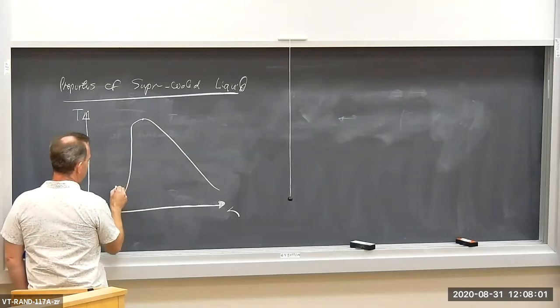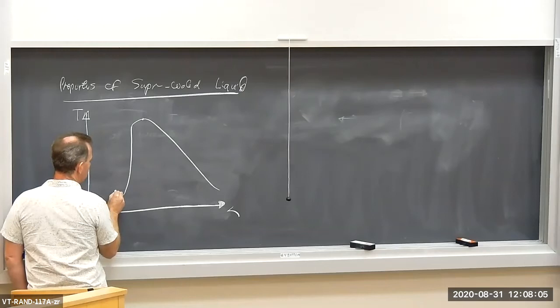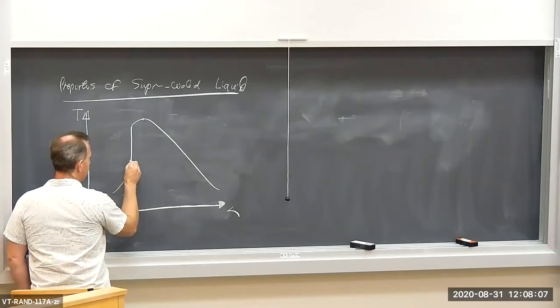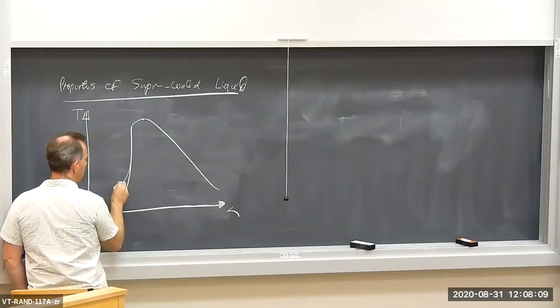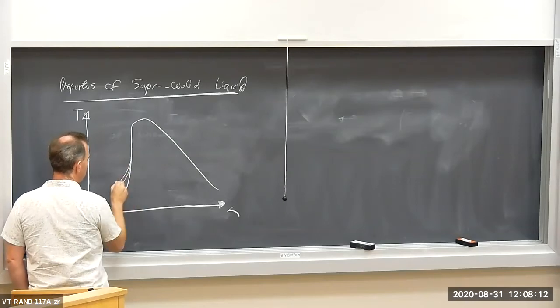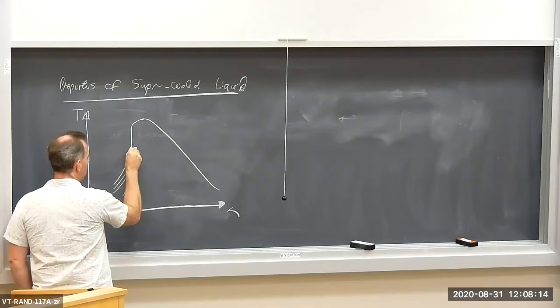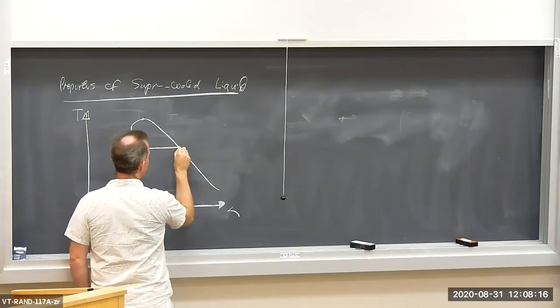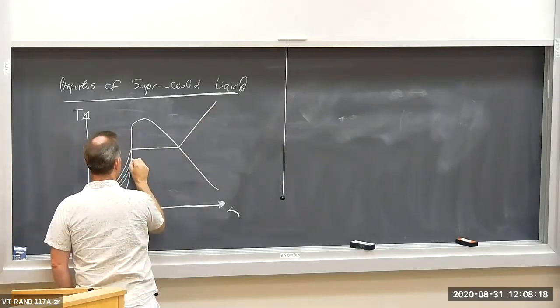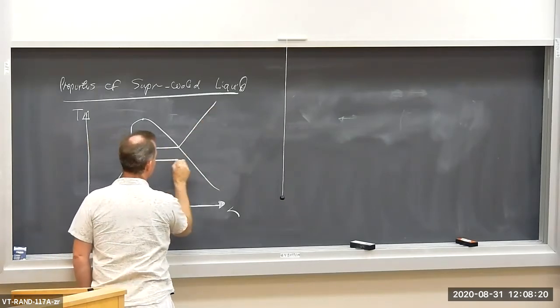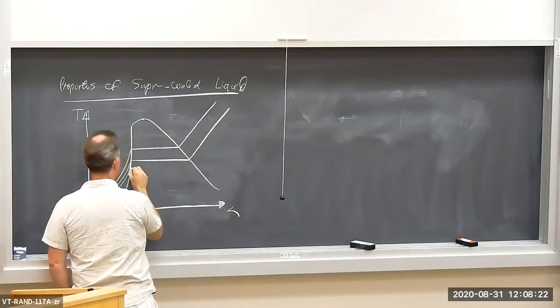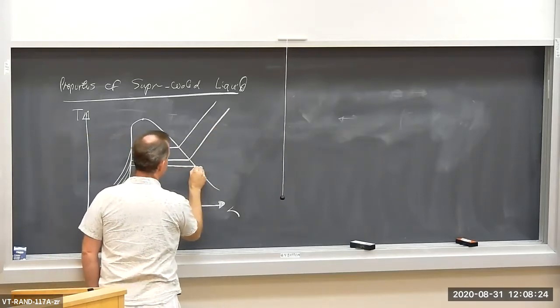And that means that the isobars get very steep as we approach the dome. So here are a bunch of isobars. I'm not going to draw them all, but I'll draw a few of them.